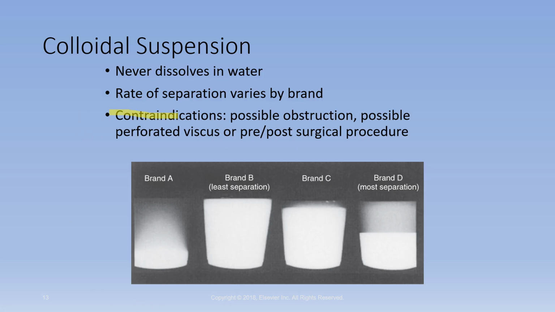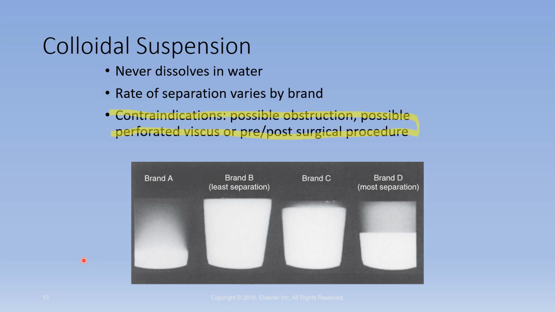And this is extremely important. These contraindications are extremely important and they will not change no matter what. When we're talking about contraindications to barium, it doesn't matter what exam you're necessarily talking about, but if the patient has any of these conditions, then you would not use barium.